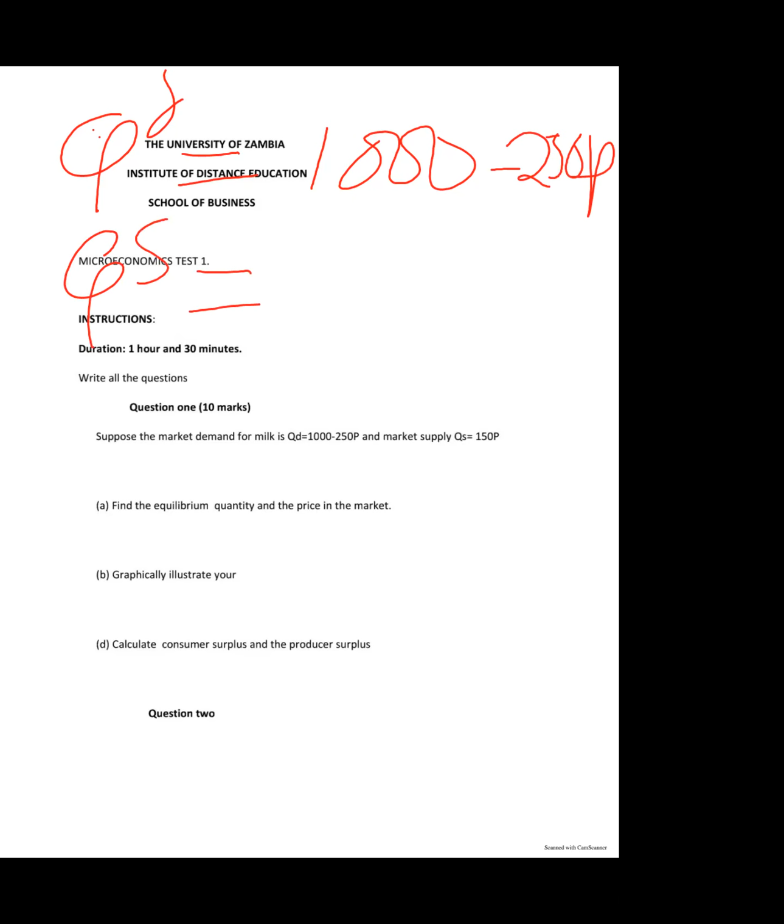This is the supply equation. It was giving you 150 P. Then what you were asked to do is to find the equilibrium quantity and the equilibrium price.